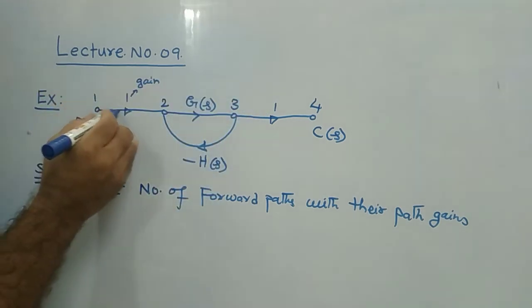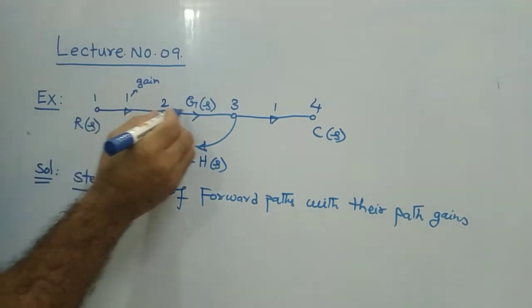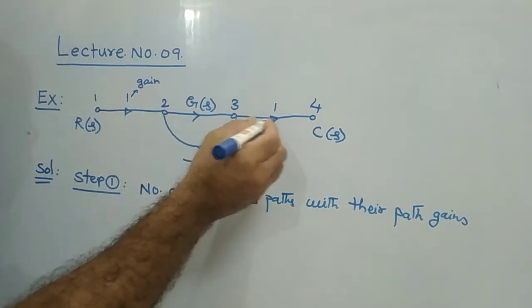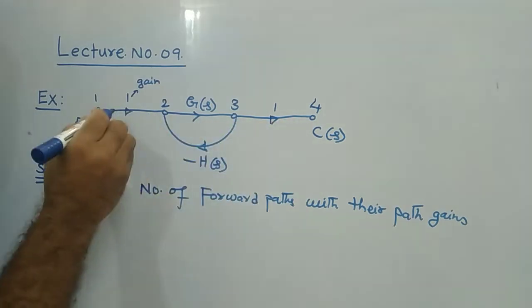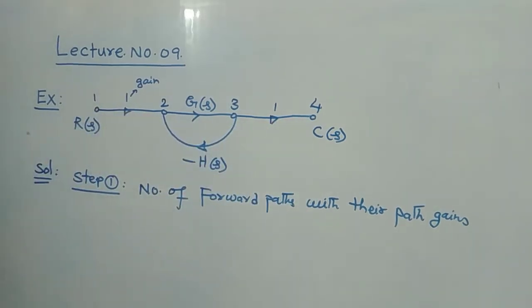The arrow mark is forward, again forward, again forward, so you can consider this as a forward path, nothing but your first forward path as far as this example is concerned.